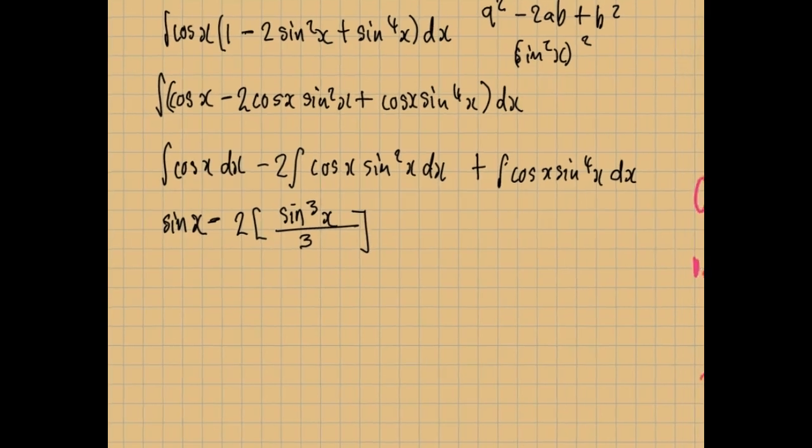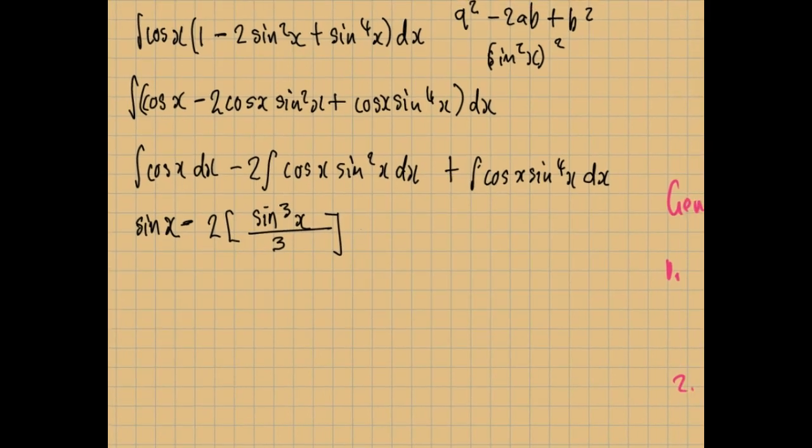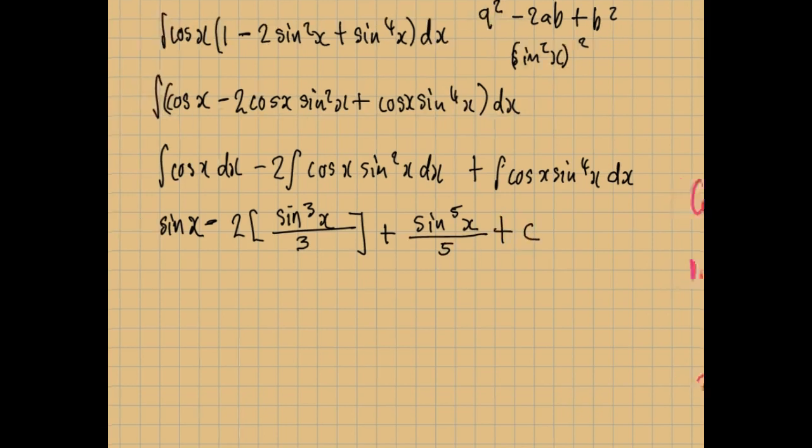So here you then see that I have plus, and now sine is raised to a power again and cos is not. So I'm just going to do the same thing. It's going to be sine to the power of 5 x now, all divided by 5. And then at the end, I add my constant of integration c.